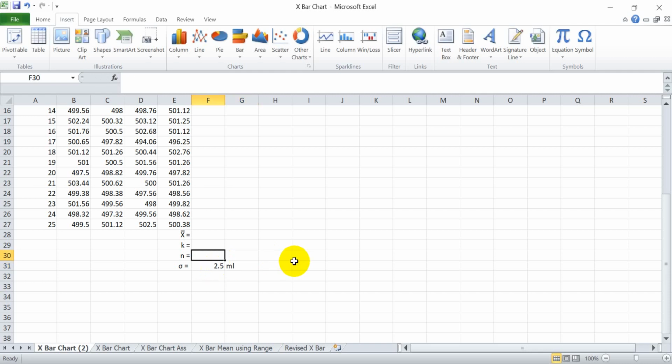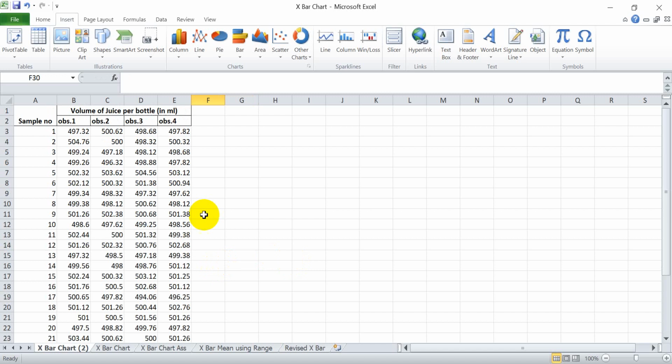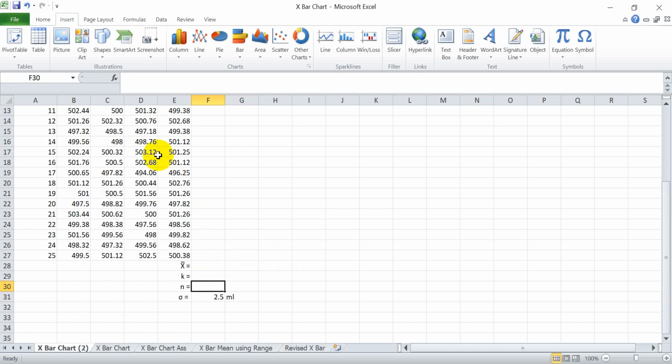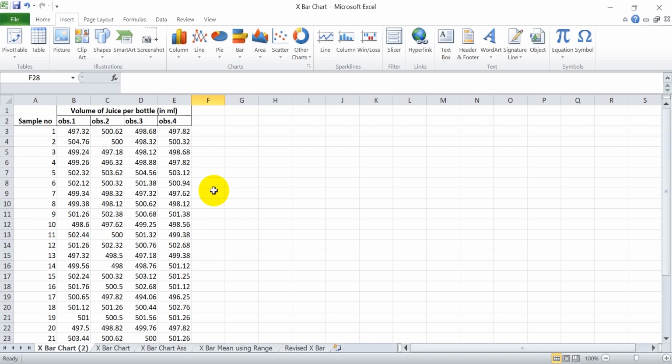Here we know the number of observations, there are only 4 observations, and k represents the samples, so we have 25 samples. Now we have to calculate the X bar. Let's start.